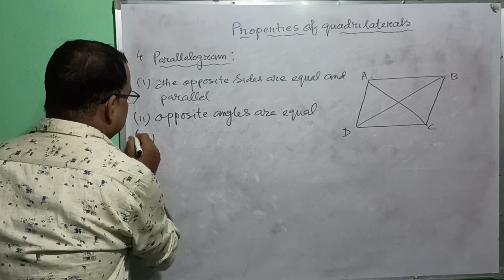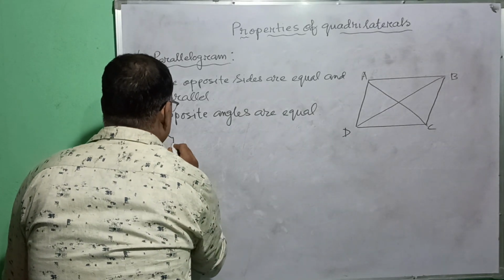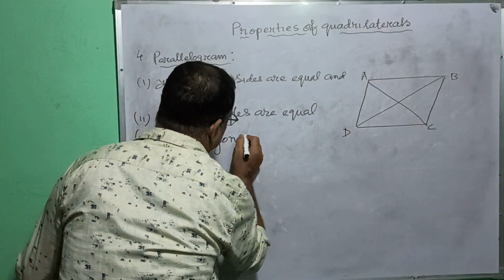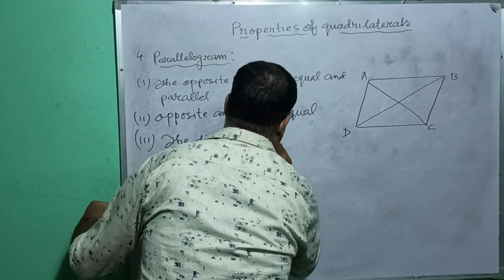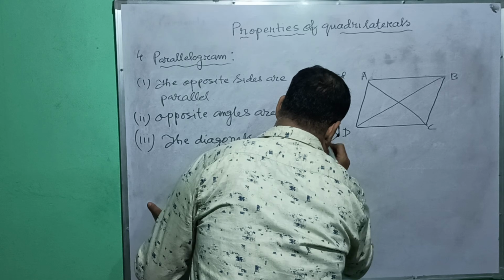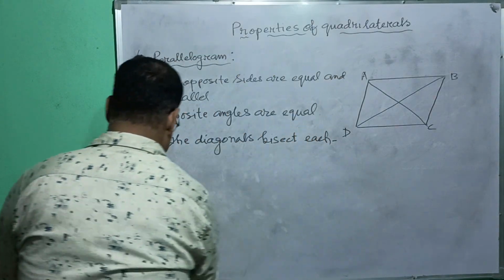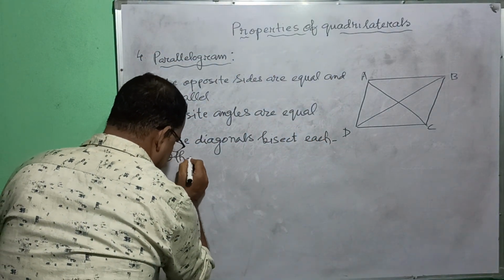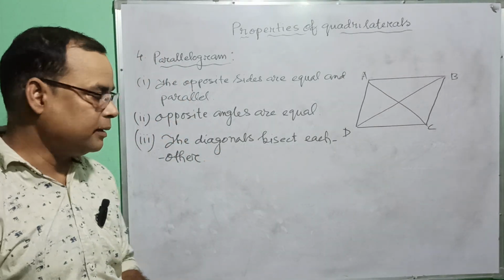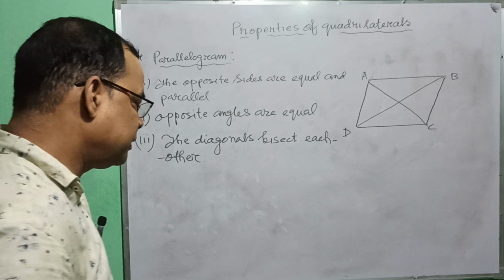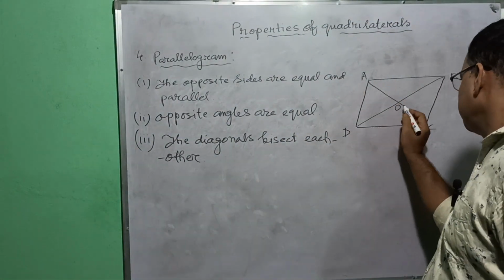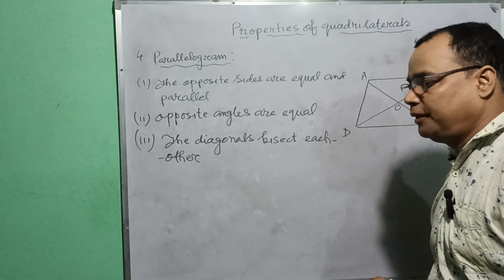Number three, the diagonals bisect each other but not at right angles. It may not be at right angles. So diagonals bisect each other. In a similar way, if the point of intersection is O, then OA is equal to OC and OB is equal to OD.